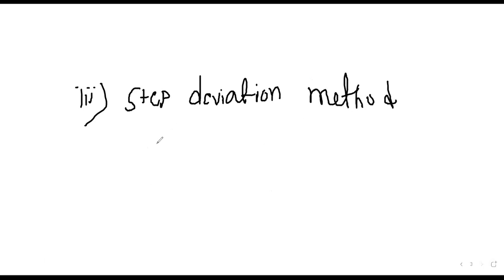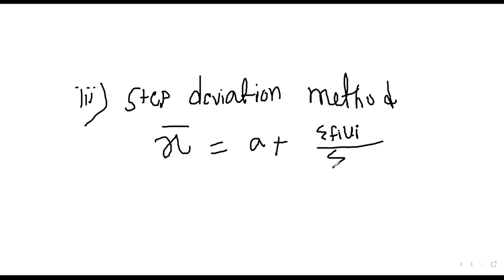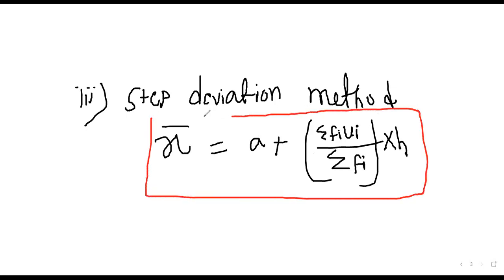The formula is x bar is equal to a plus sigma of fi ui divided by sigma of fi, whole multiplied by h. Here a is the assumed mean.